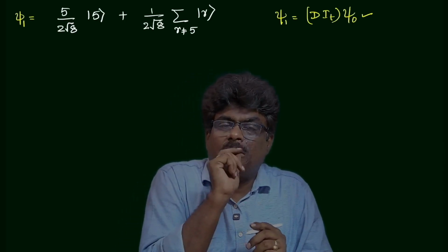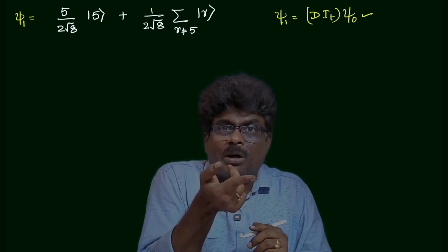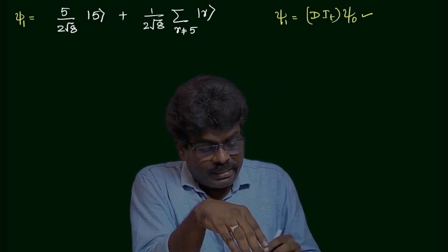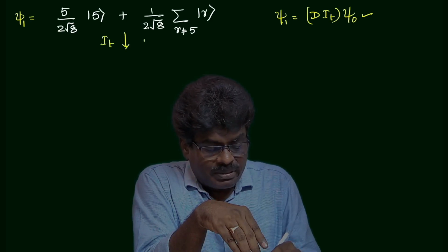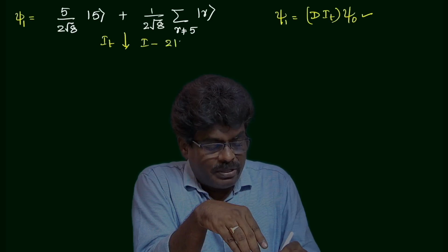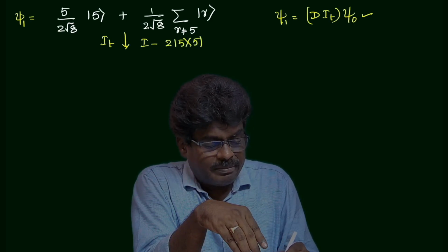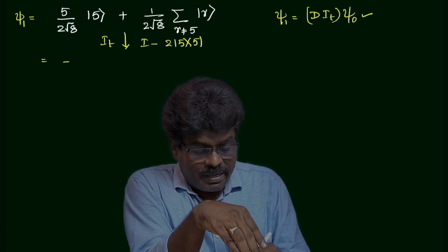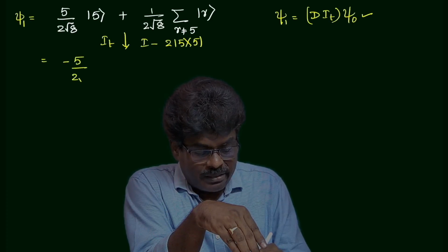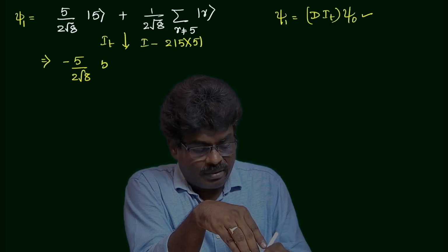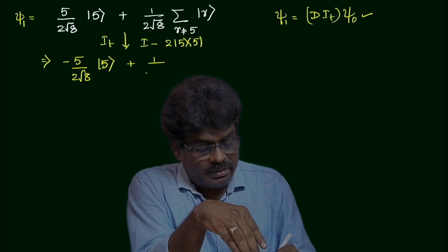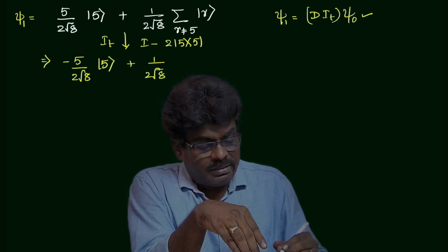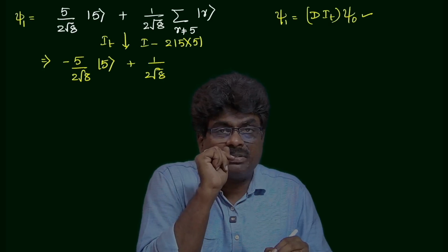The first operation is the inversion operator. So I am applying that inversion operator. So that is I minus 2 times our target, which is 5. So that's why this will become minus 5 by 2 root 8, state 5. The rest of the things are 1 by 2 root 8, and here you have to be very careful.